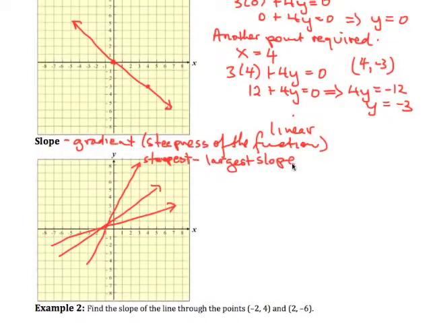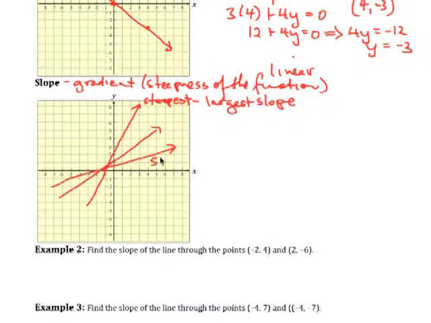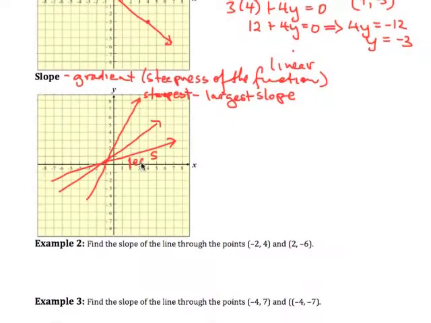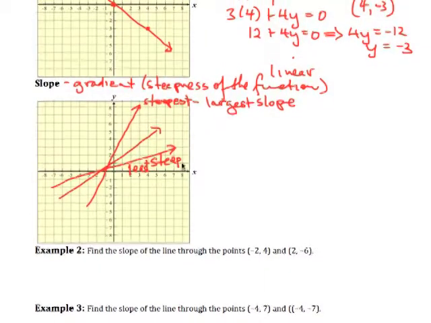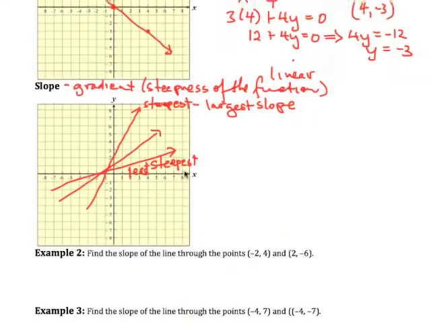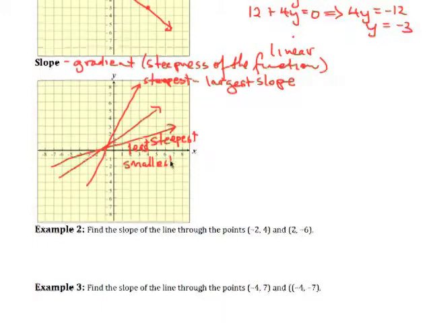Now, this is the shallowest here, or the least steep, so it has the smallest slope.